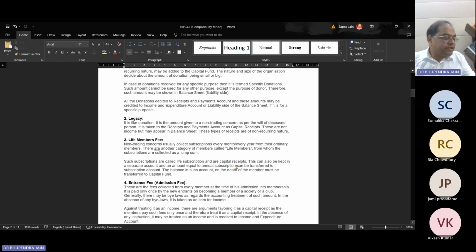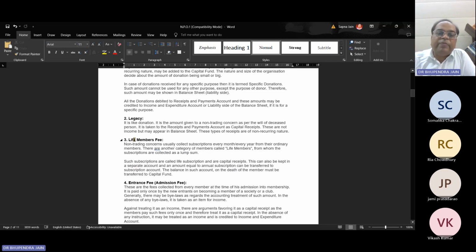But if the subscription is received on a monthly, half yearly, quarterly or annual basis, then such subscription is a revenue receipt, and we have to transfer the total subscription to the income side of the income and expenditure account. Clear?